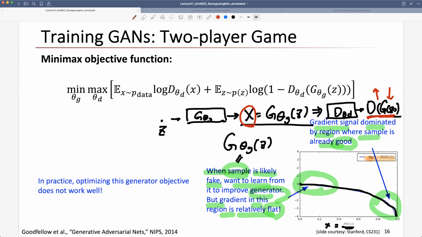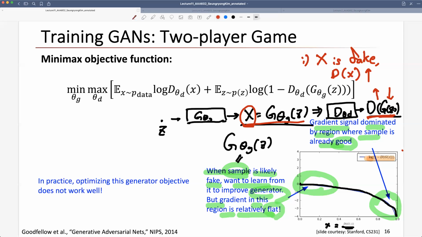But our goal, our objective is to make the generated image X similar to the real image X. In other words, when X is the fake image, we'd like to make the output of the discriminator high, right?